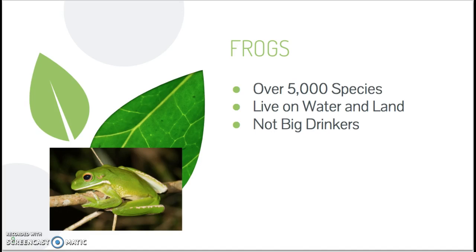They live on water and land, although they begin their lives in water. Like the butterfly, they're cold-blooded, which means their body is the same temperature as their surroundings. They prefer ponds, lakes, or marshes because the water doesn't move very fast. They also absorb water through their skin.